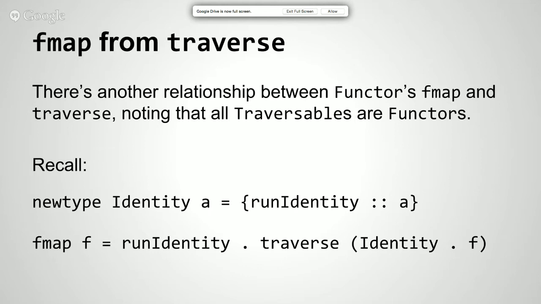I'll use Identity as my G. So Identity.f is going to take A's into Identity A's. You traverse with that, and then you use runIdentity to get out of the Identity monad. And that's how you fmap across the traversable.